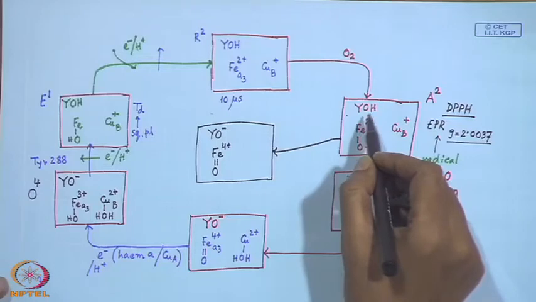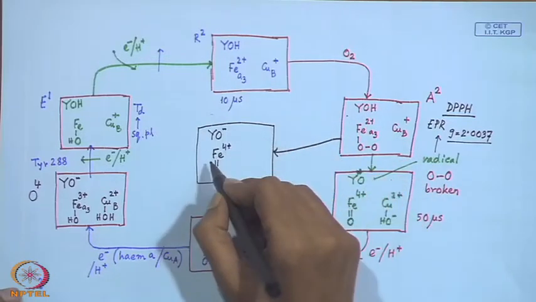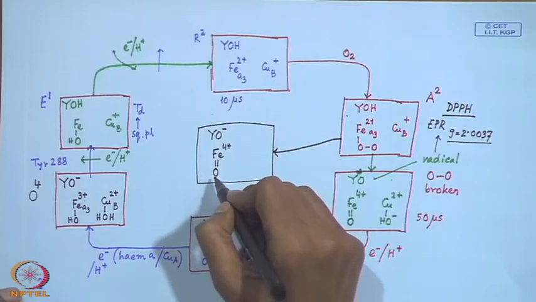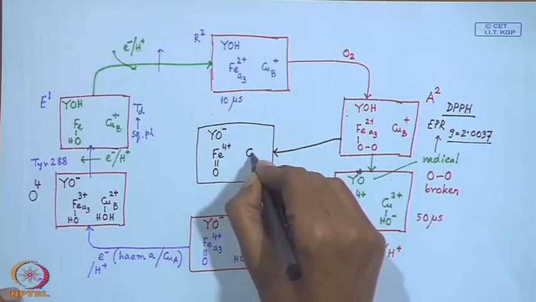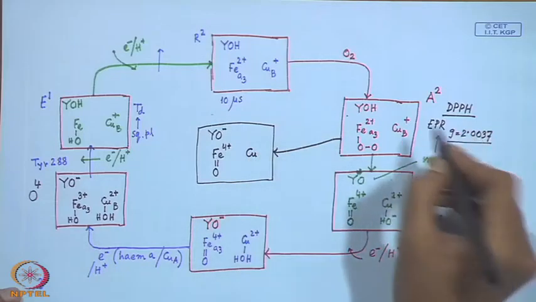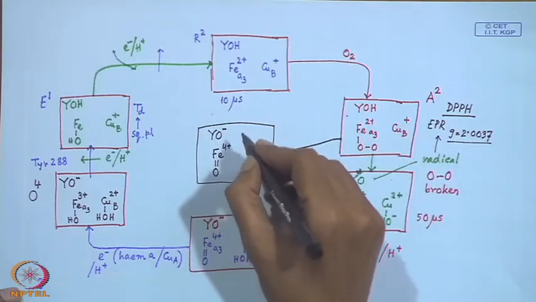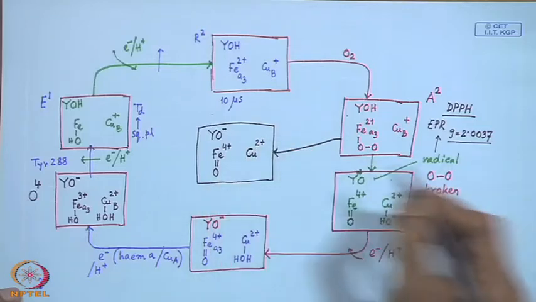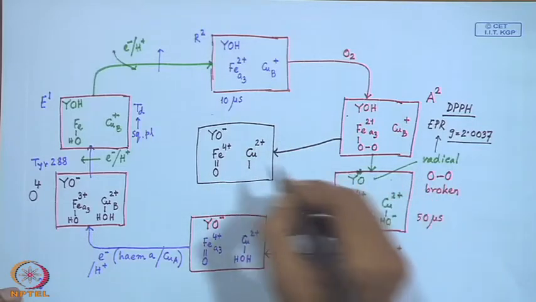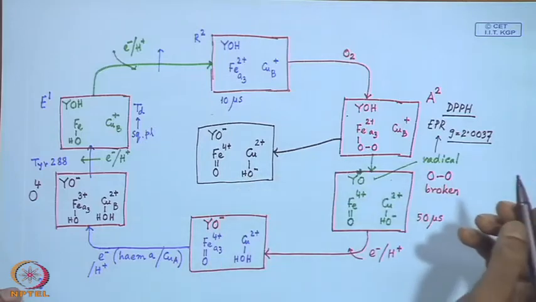So, if we can go for this, that means the radical is not forming and your ferryl oxygen is present as Fe4 plus O2 minus. What is your alternative form? Your alternative form is that you have the cuprous site, and the cuprous site should be oxidized immediately. So, you have Cu2 plus attached to HO minus.